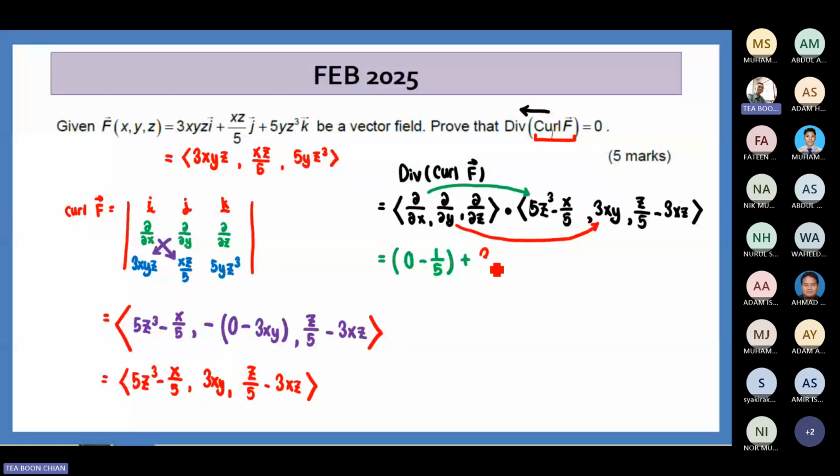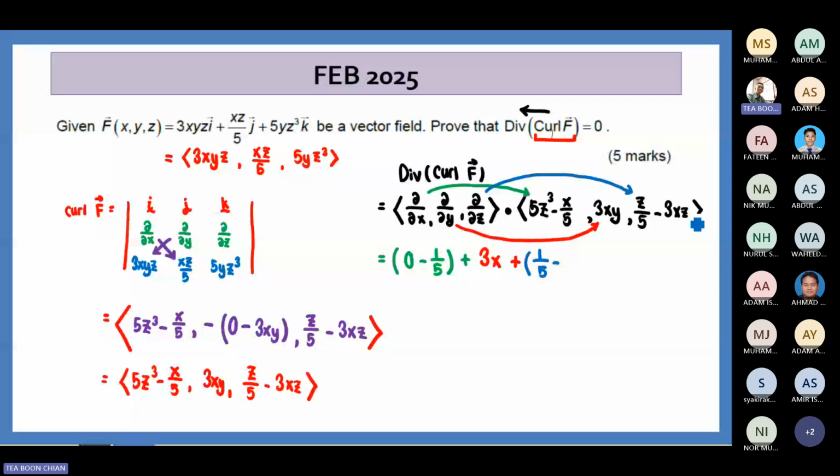Plus, last in blue, differentiate z over 5 minus 3xz with respect to z. Z over 5 gives 1 over 5, and minus 3xz gives minus 3x.